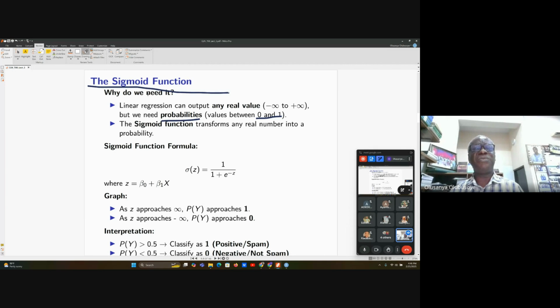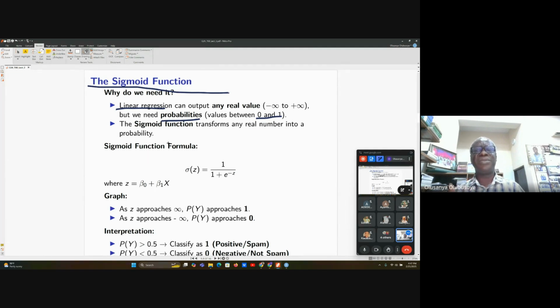So whereas the linear regression can take values from negative infinity to positive infinity, the sigmoid function can only take values between 0 and 1. And that is why the sigmoid function is used as a transformation.